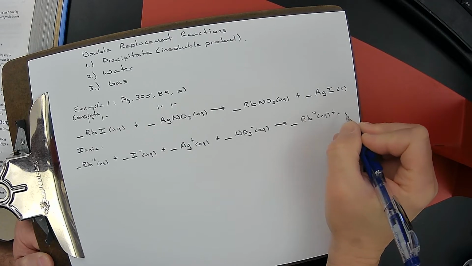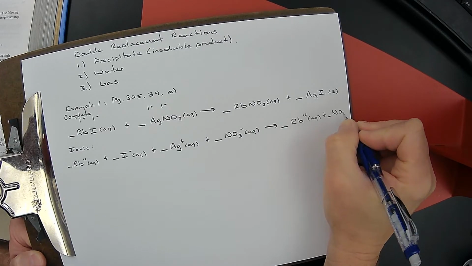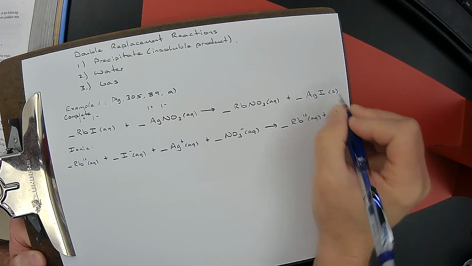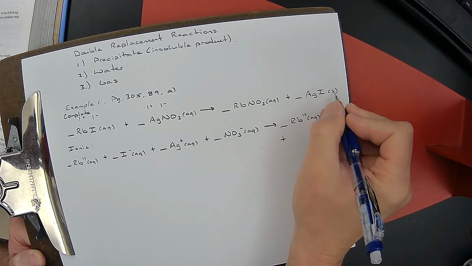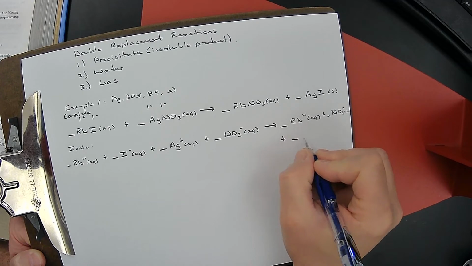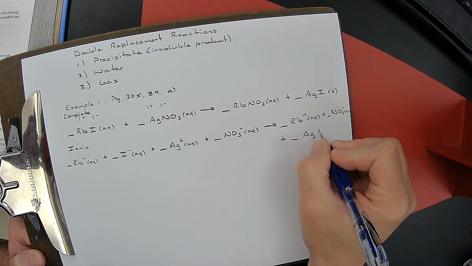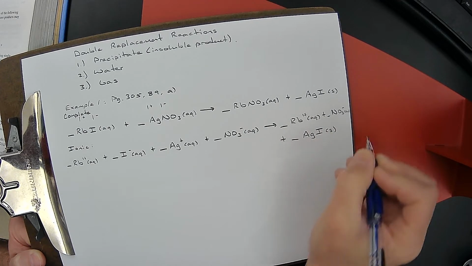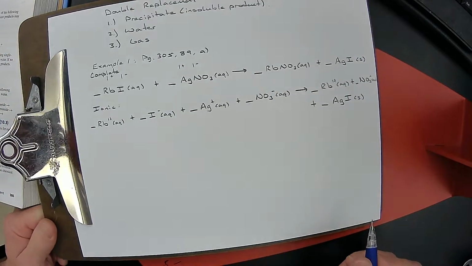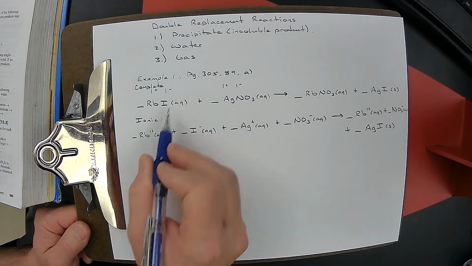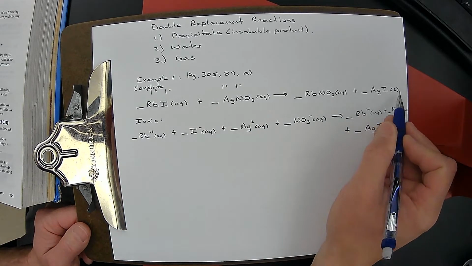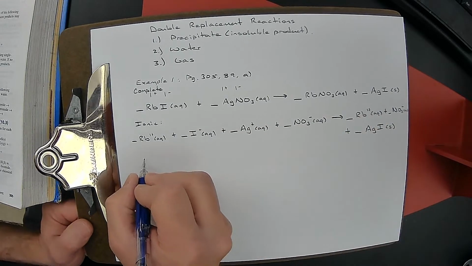NO3 minus, aqueous. But this insoluble solid precipitate does not become separated. It stays together as a solid. The ionic equation shows it as it is. If it's aqueous, it separates. If it's a solid precipitate, it does not.